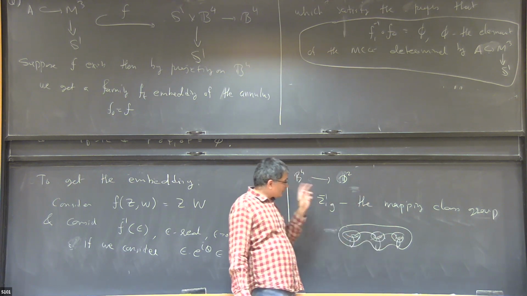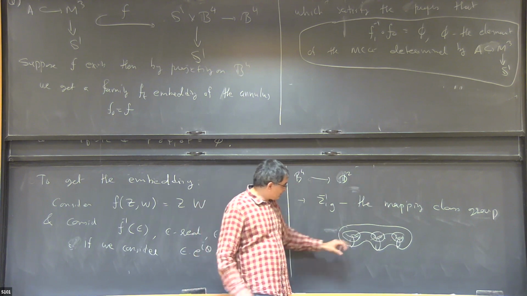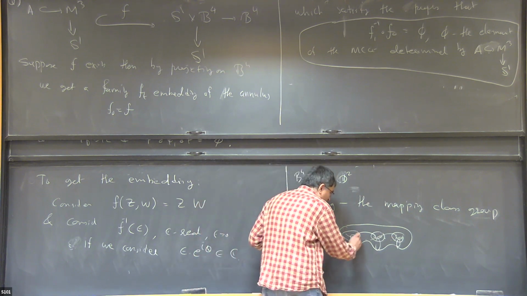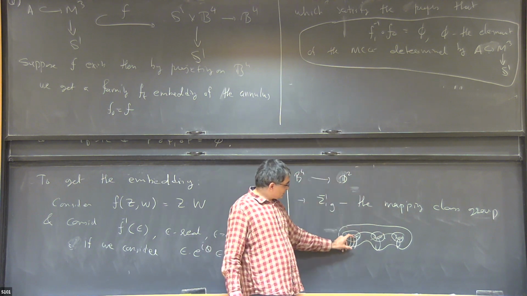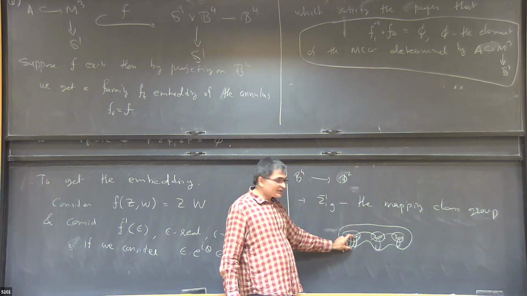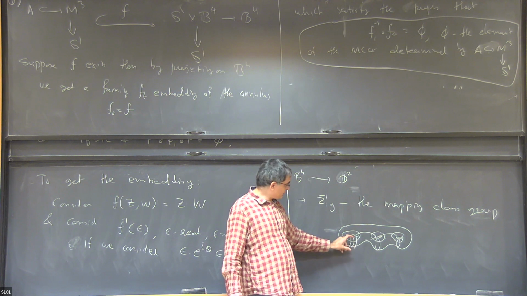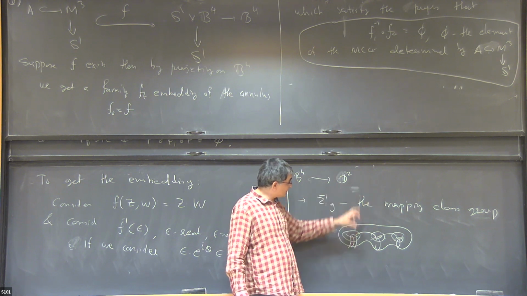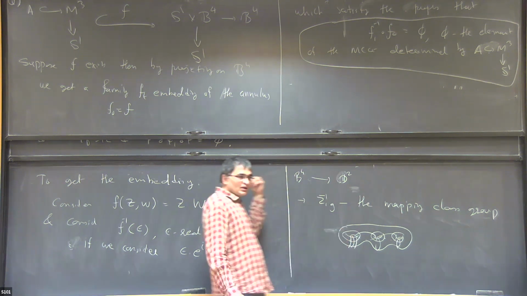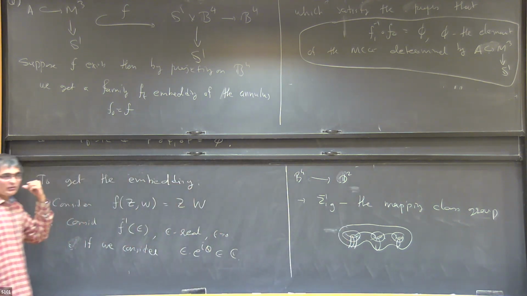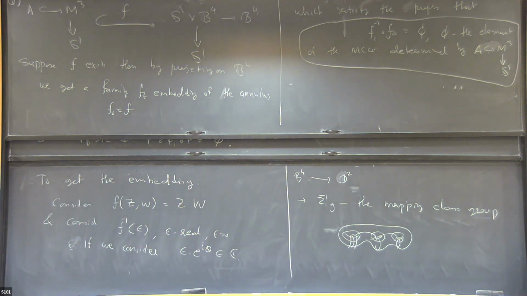And so what we do is we produce embeddings of surfaces inside a 4-manifold such that there are balls inside the target manifold where the intersection with this surface is precisely an annulus that looks like xy equal to epsilon, zw equal to epsilon.